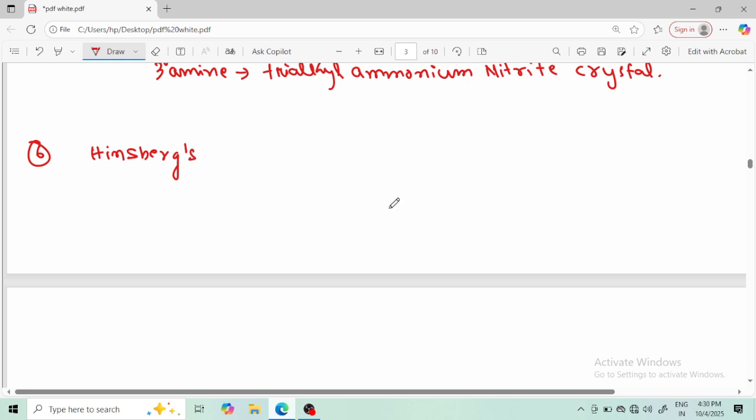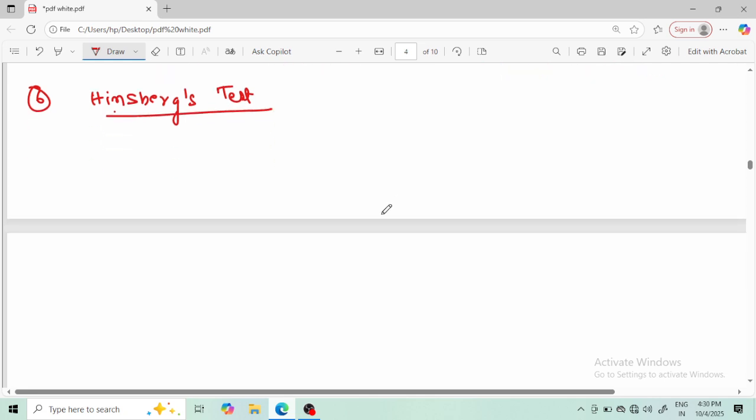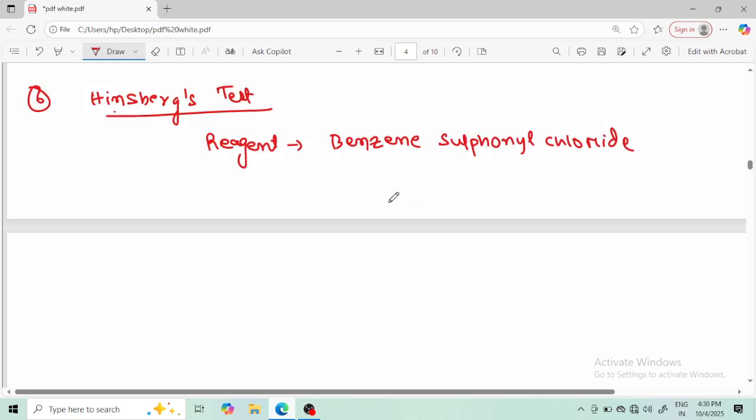So in Hinsberg test, the reagent that we use here is benzene sulfonyl chloride, and it's also called Hinsberg reagent.